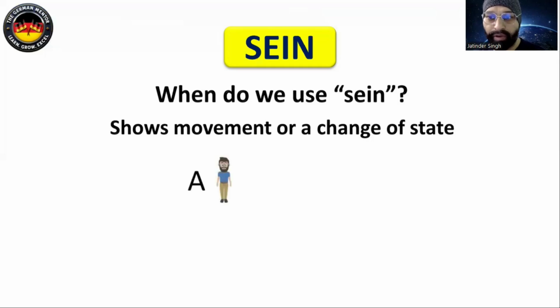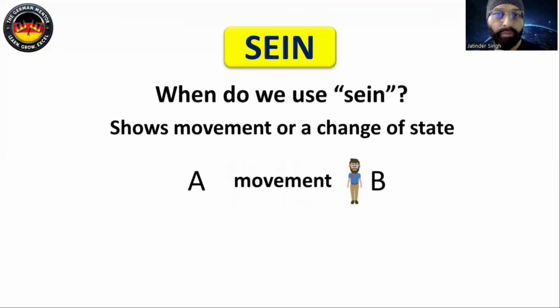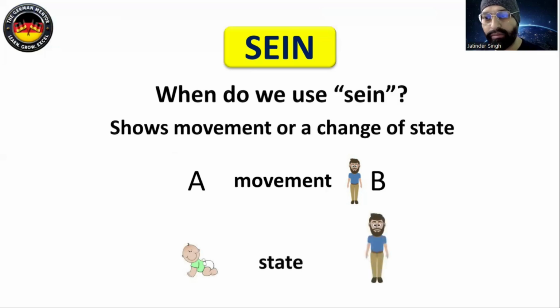For example, if you are standing at position A and you have to move to position B, this is a movement case, when you physically move from one place to another, from A to B. The movement can be done by humans or animals or anything, right? And for example, if you are a child and you are now grown up, this is a change of state, a change of condition.